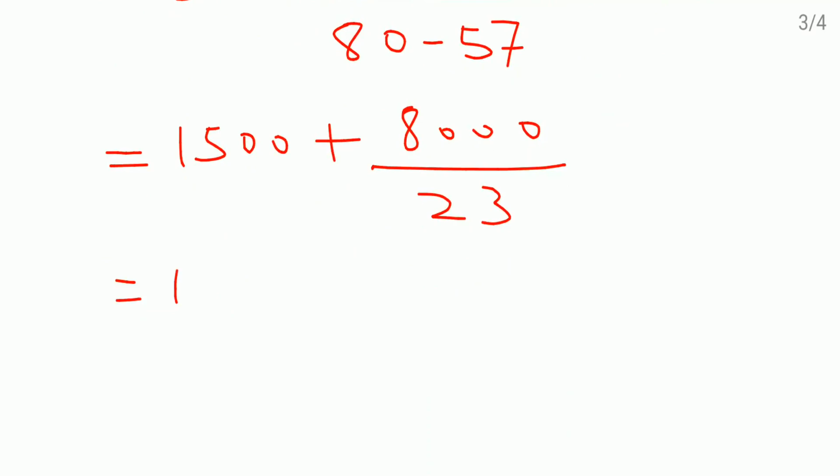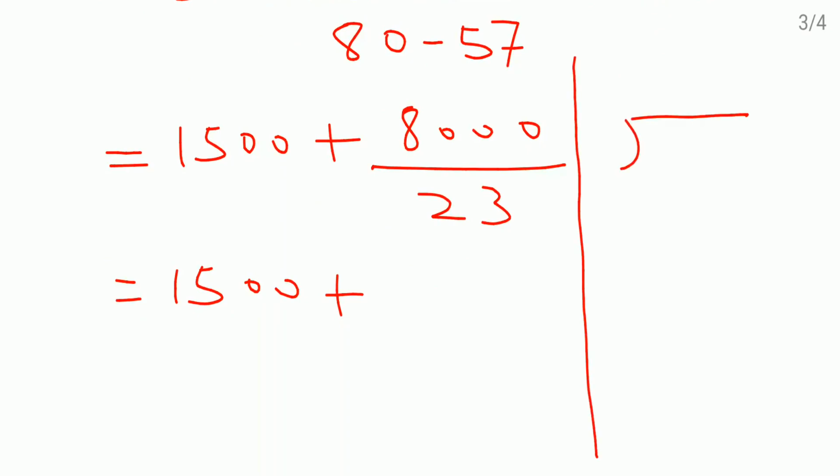So this is equal to 1500 as it is plus, I will show you the division on this side. This is 8000 here and this is 23. For this you should know the 23 table. If you don't know, write it down. So 23 3s are 69 here. 10 minus 9 is 1 and 7 minus 6 is 1.